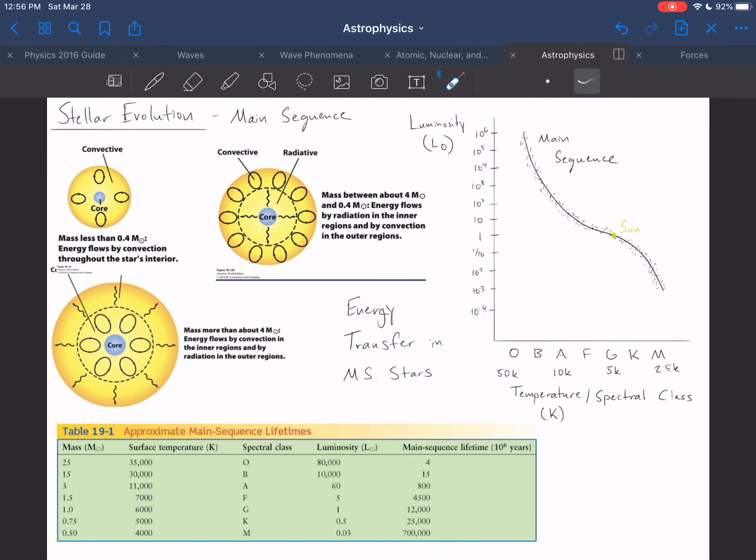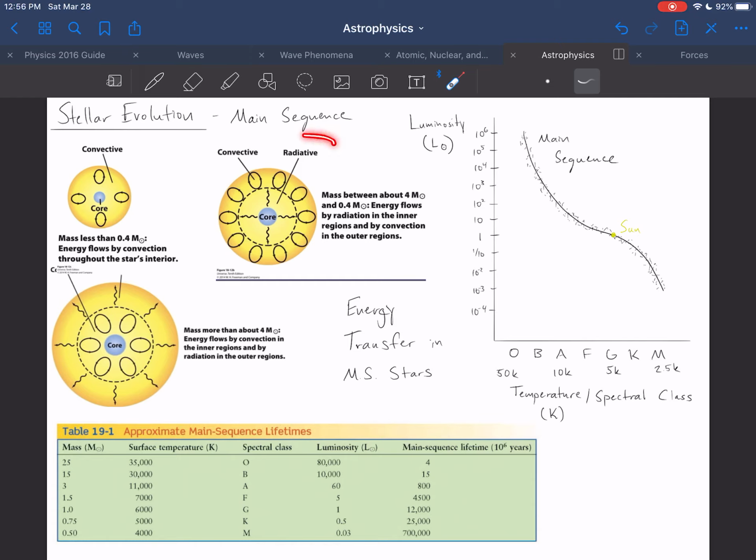On the main sequence, we've already talked about this, the stars are in hydrostatic equilibrium. That is the equilibrium between the radiation pressure due to hydrogen fusion in the core of the star and the gravitational pressure as that mass condenses inwards. But the methods of heat transfer in the star do depend on how big the star is. Although we won't get into this in detail, a very small star mainly transfers heat via convection from the core.